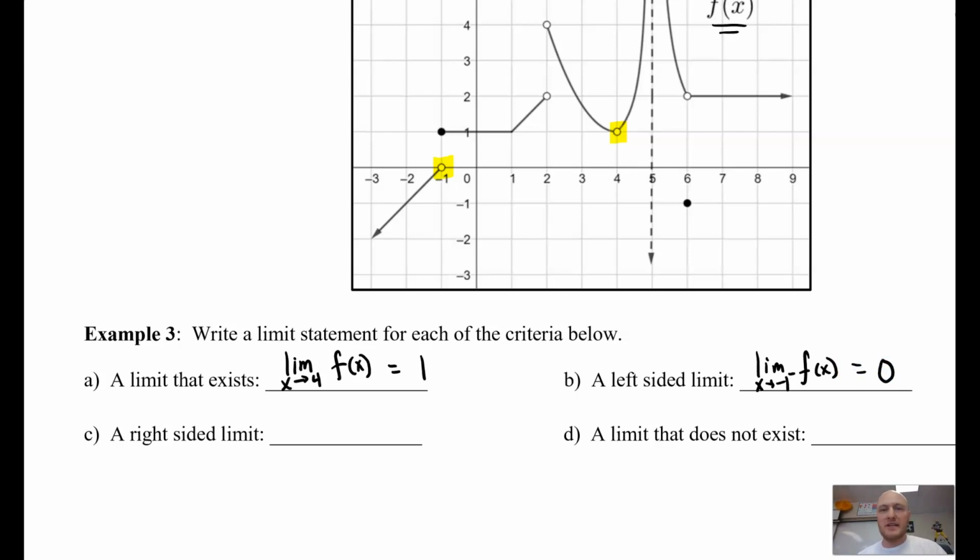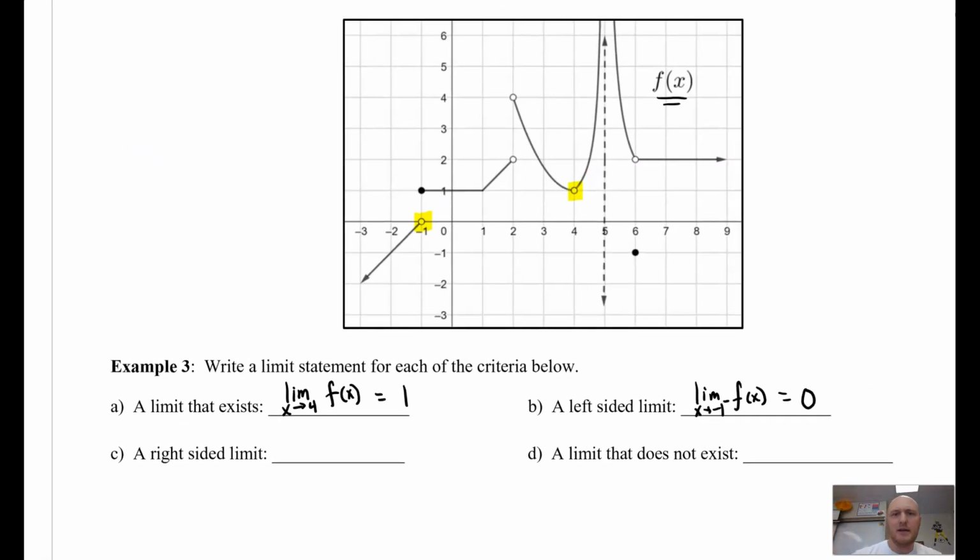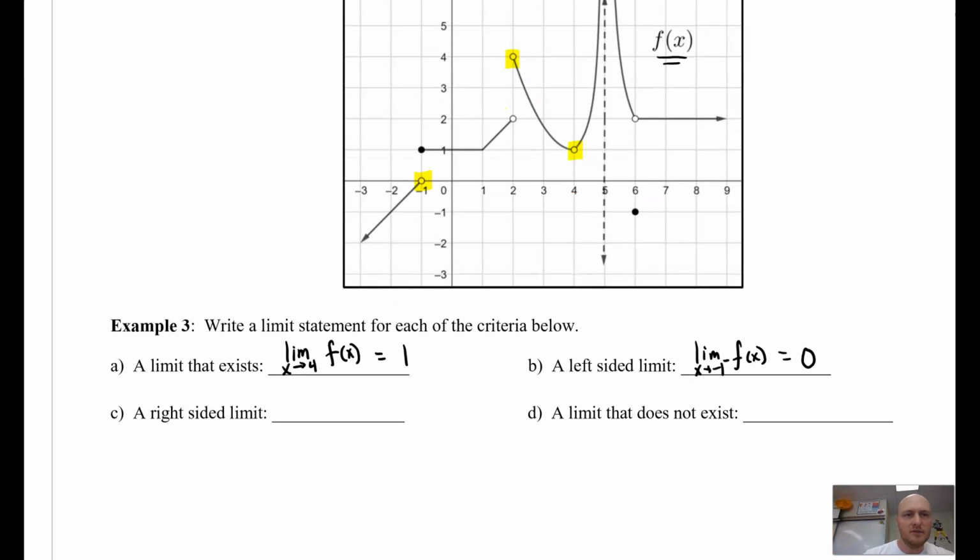It would be too easy to pick the same point. I'm going to go ahead and let's do up here at 2. Okay, so the limit as x approaches 2 of f of x. I flipped that order.